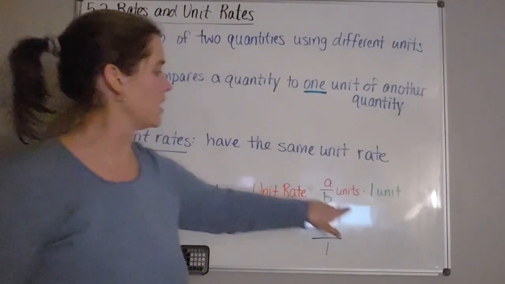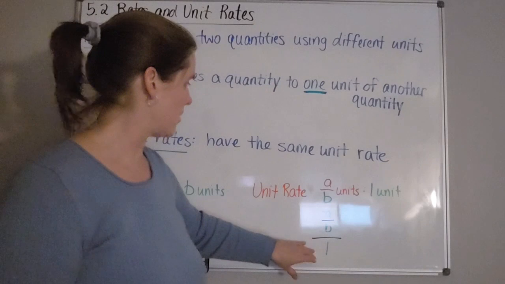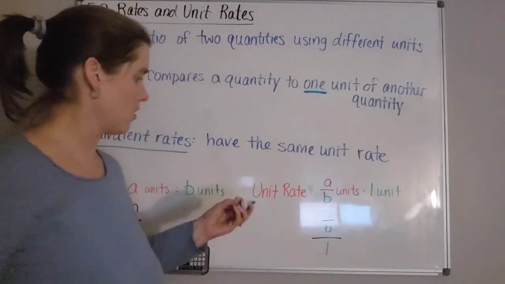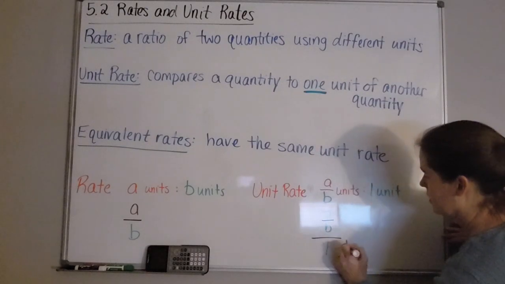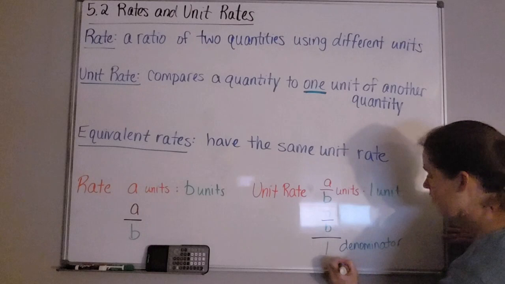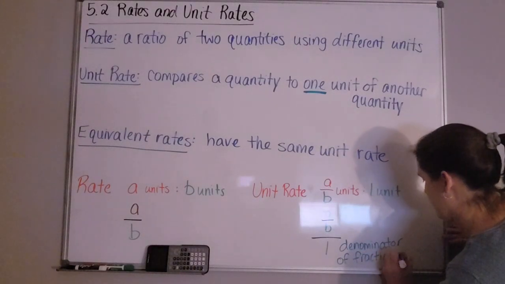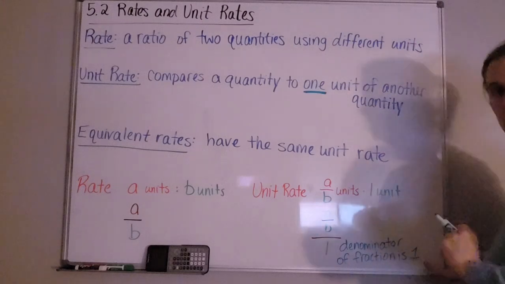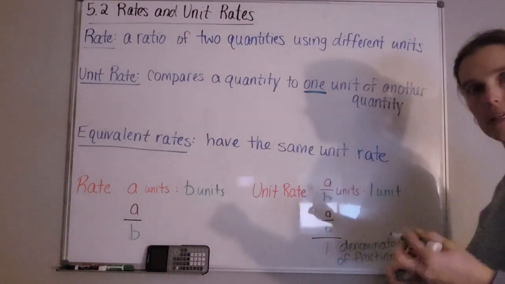In our fraction, in a unit rate, the denominator is 1 for that unit rate. All right. Now I'll write that there. Denominator of a fraction is 1. So hopefully that helps you remember that as you're looking at what a unit rate is.